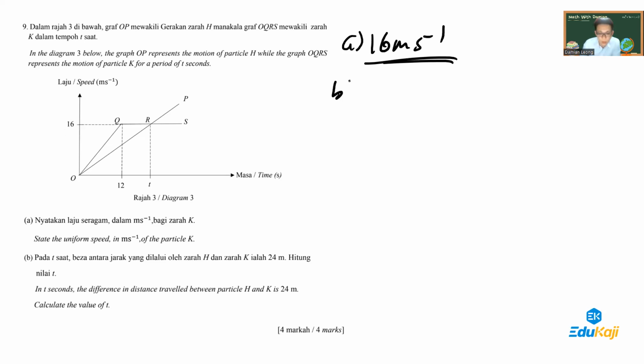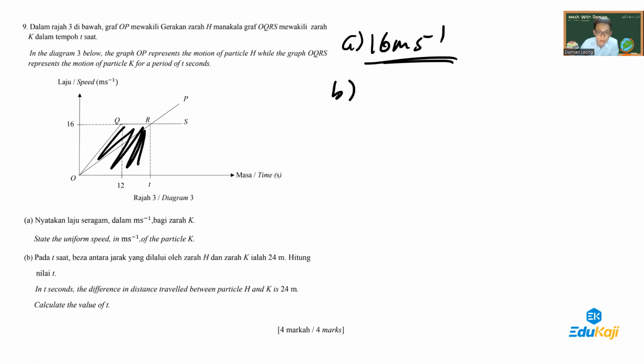For B, the difference in distance traveled between particle H and K is 24. I want to find T. So distance is area under the graph for speed against time graph. Means the difference in the area is 24.